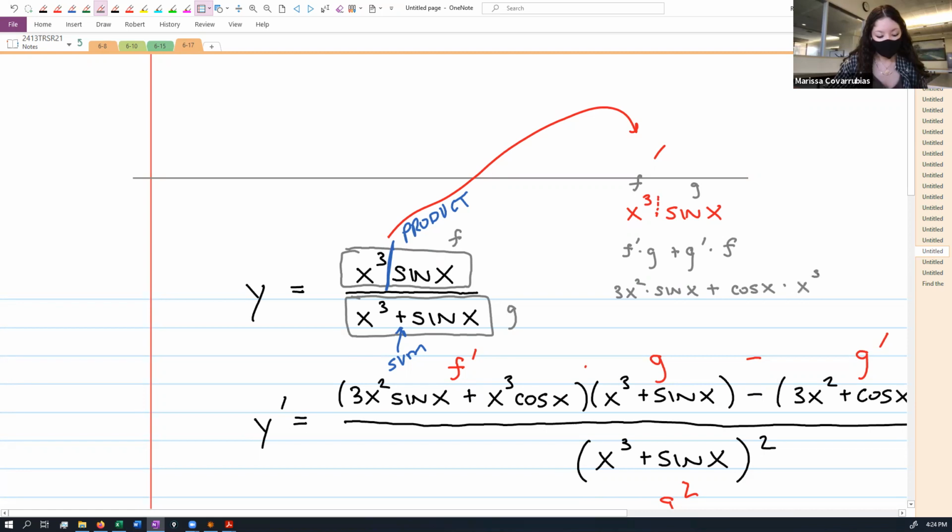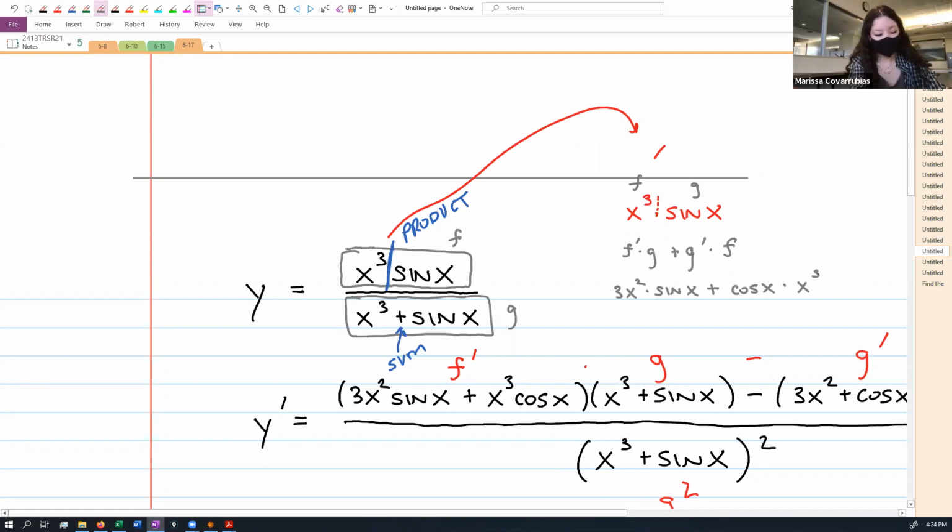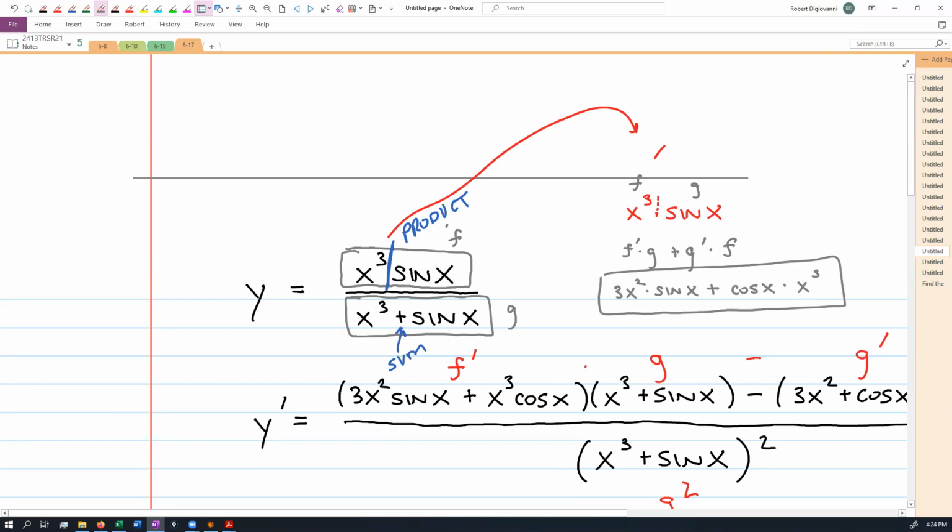You put 3x squared, right? That's what you had said, right? So that right there is just the derivative of the top, right? Which goes right here.